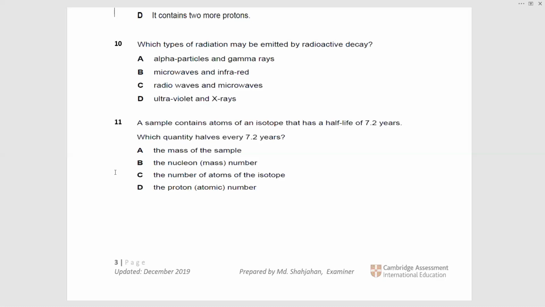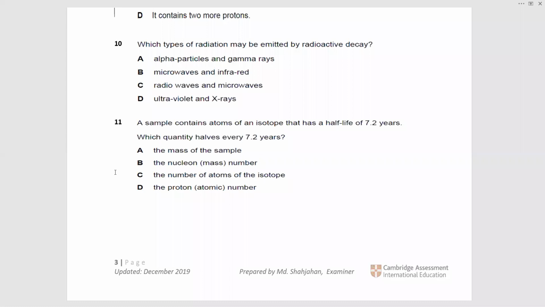Is it clear? Yes. And another thing is the nucleon number. The nucleon number will not be half. If it is beta decay, then the mass number will be the same, but the atomic number is changing, right?